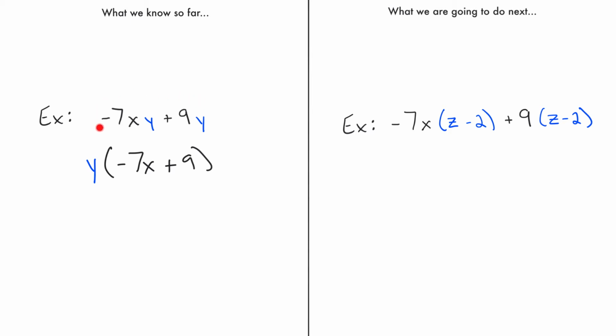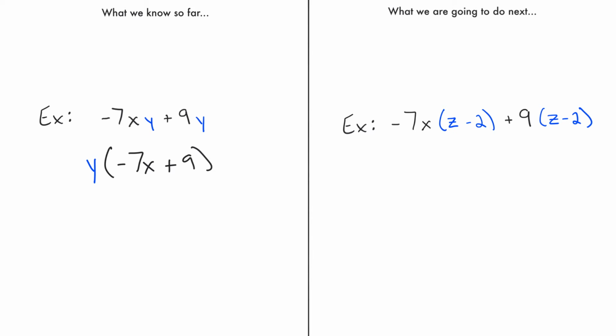Just like how in this problem they both had a y in common in this binomial and this binomial, they both have a z minus 2 in common. Therefore, just like in the first problem, where I could factor out a y, you could factor out that binomial. Even though the z minus 2 is a binomial, because both terms have it in common, you can factor it out.